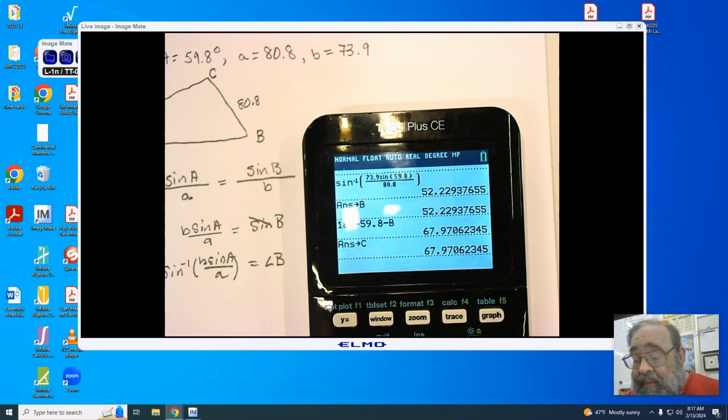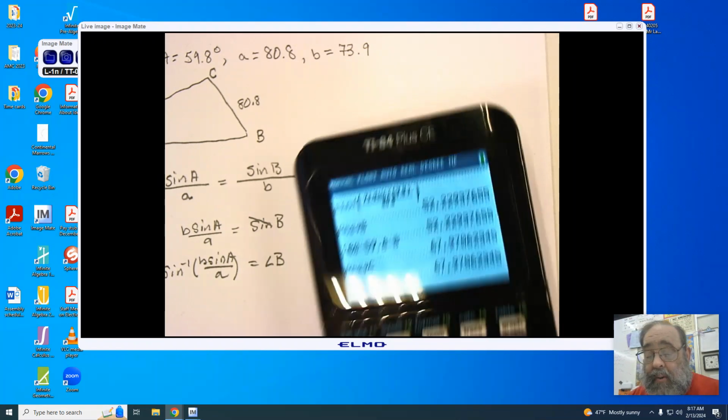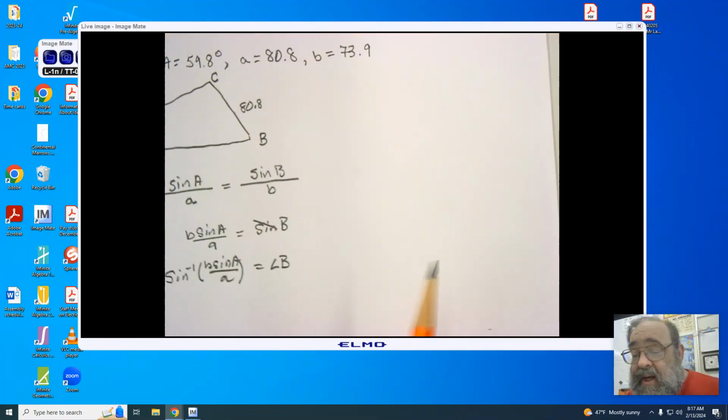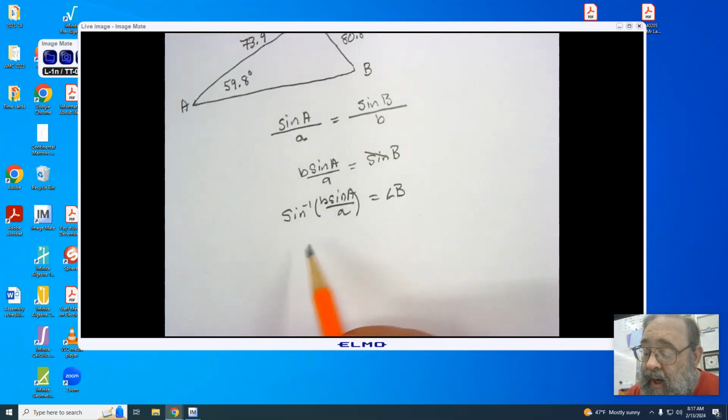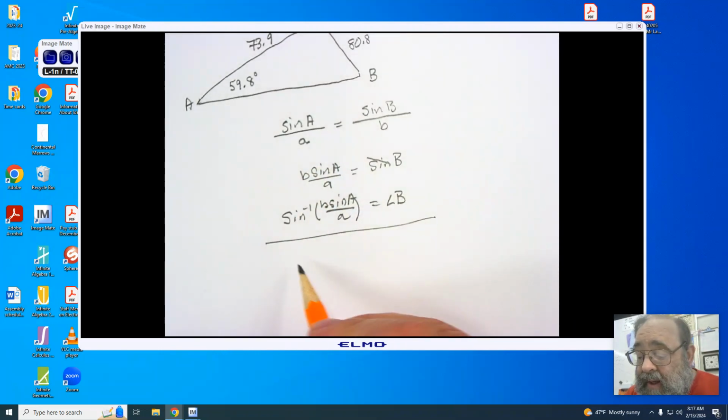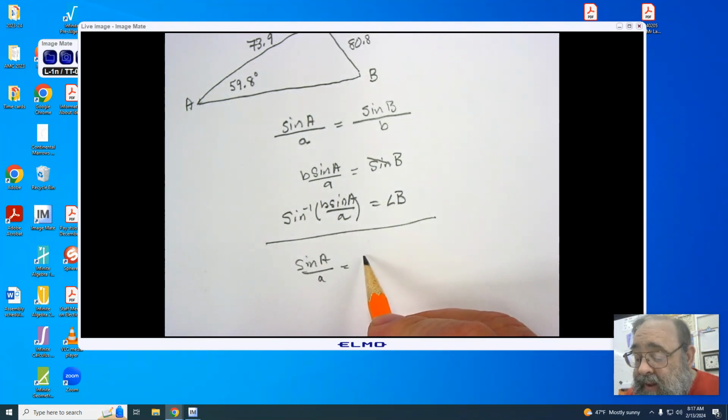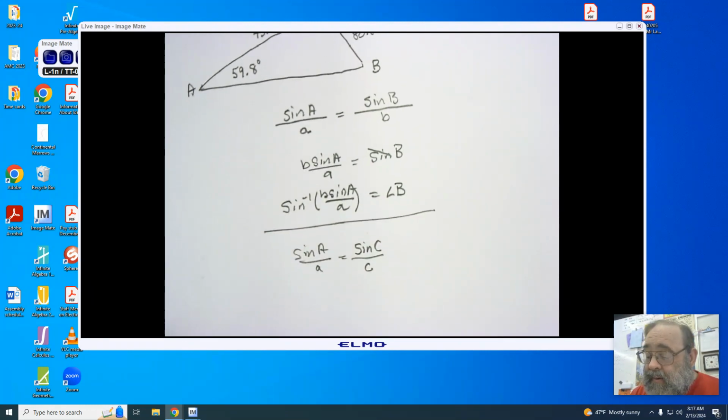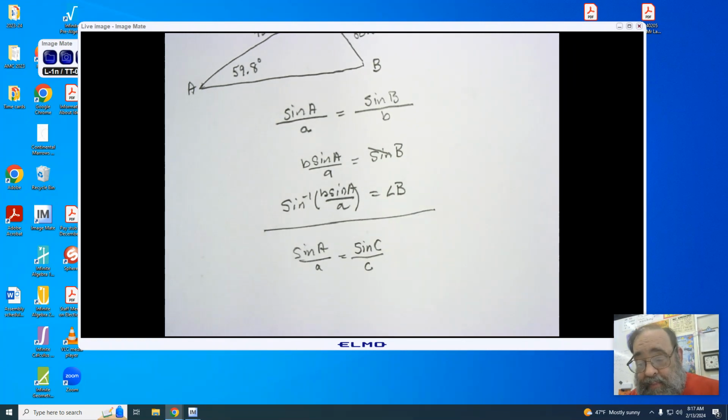Now, once I have these two, I need to figure out what is my side C. In order to do side C, we're going to follow the same basic pattern. Since we know what angle A is, that was given, and we're trying to find side C, we're going to use sine of angle C divided by C. Some people find it better to flip them upside down so that C is in the numerator.